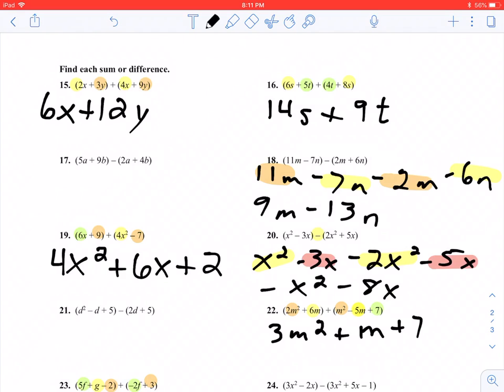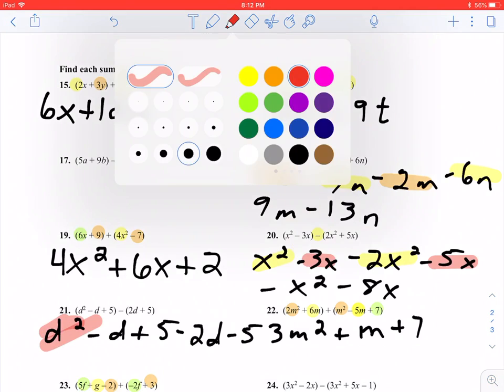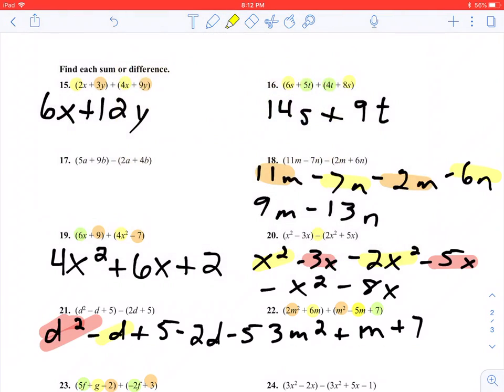Number 21, same as the last ones. We need to distribute the negative first. So we have d squared minus d plus 5 minus 2d minus 5. Now going through and marking our like terms, there's only one d squared right there. There is a d right here and a d right here.